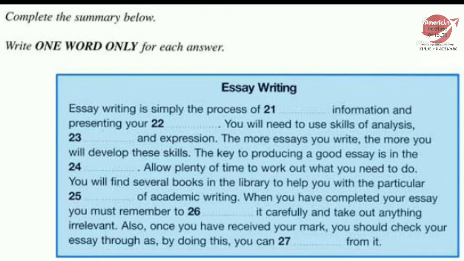Once you have received your mark, you should check your essay through, as by doing this, you can dash from it. Again, you need a verb. You can learn from it, because a modal comes before the blank. Modals like can, could, should, will, must, may, might. So for 27 you need a verb. Mention these things on your paper when you are doing this activity.